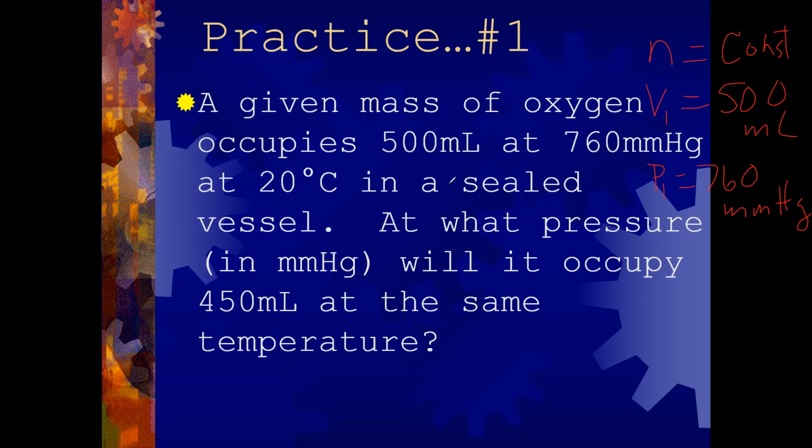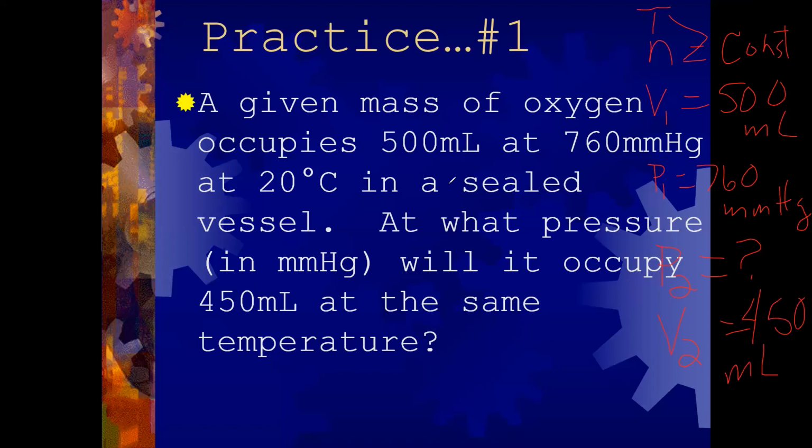So this happens to be Boyle's law. Let's write temperature, and both are constant. The next thing to do is keep writing our data that they gave us. It says what pressure, so we need P2, and that's our question. Will it occupy at a volume of 450, okay?